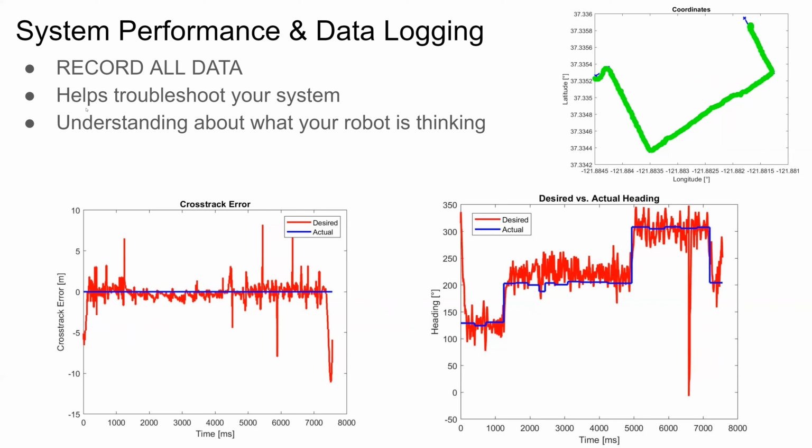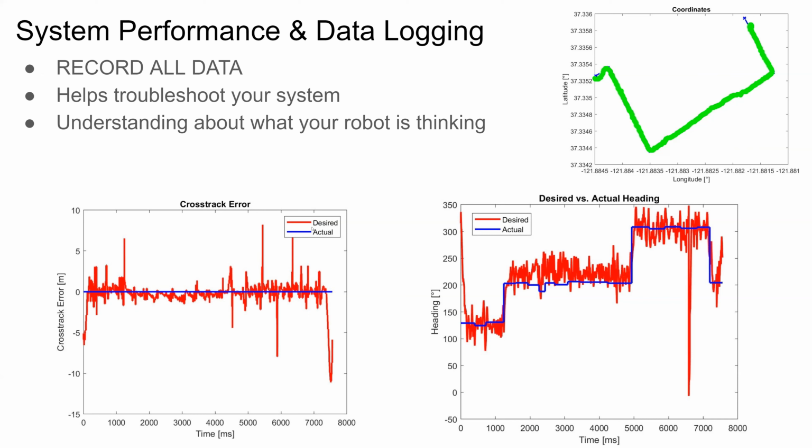And what it does is it helps you troubleshoot your system. You can basically see everything that the robot is thinking. So all those algorithms or equations that you put in, if you record the data of what's being calculated that goes into the equation and then what comes out, it really does help with understanding what went right or what went wrong.